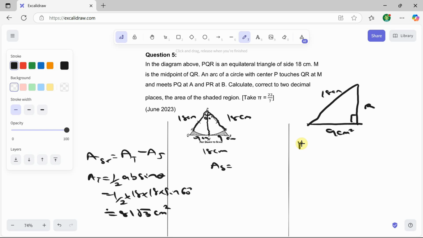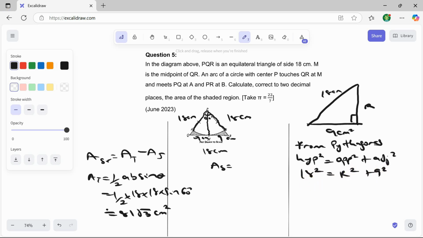So from Pythagoras again, the hypotenuse squared is equal to the opposite squared plus the adjacent squared, and that will be 18 squared is equal to r squared plus 9 squared. So our r squared will just be 18 squared minus 9 squared. 18 squared is what? 324. 9 squared is 81.